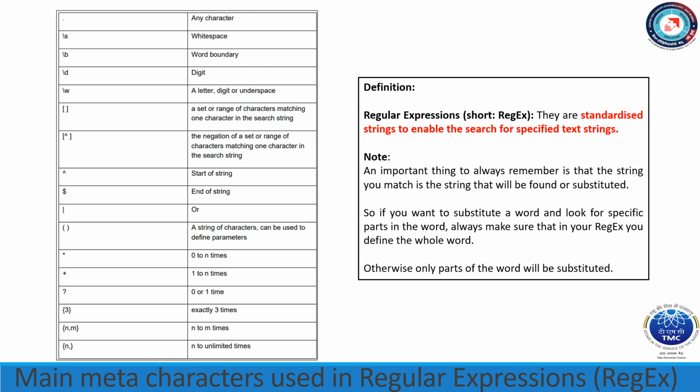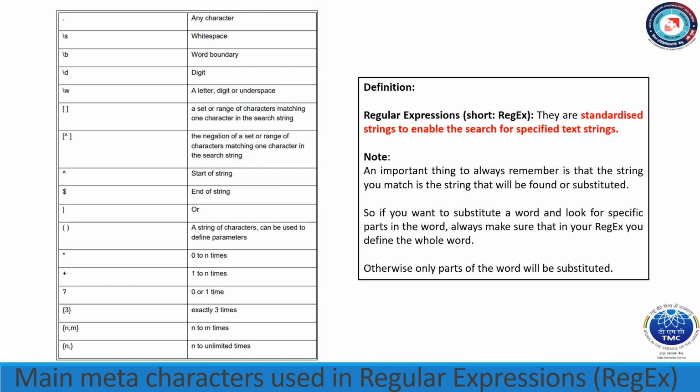The important point here to note is that the string you match is the string that will be found or substituted. So if you want to substitute a word and look for specific parts in the word, always make sure that in the regular expression you define the whole word. Otherwise, only parts of the word will be substituted.